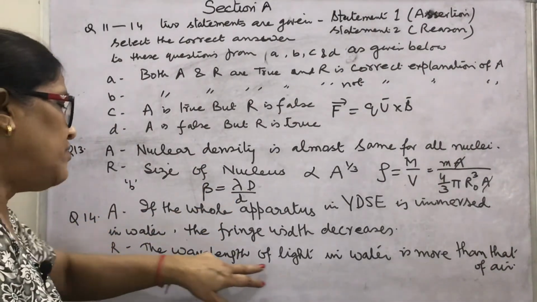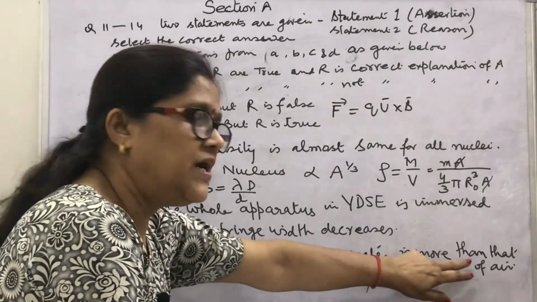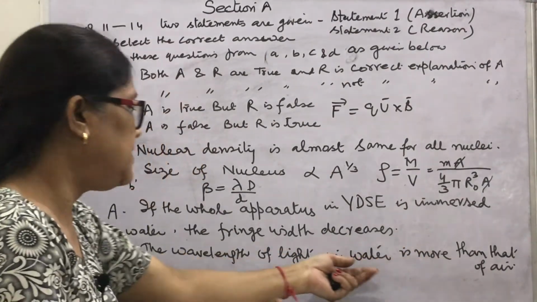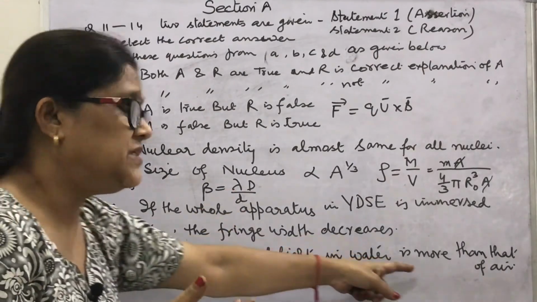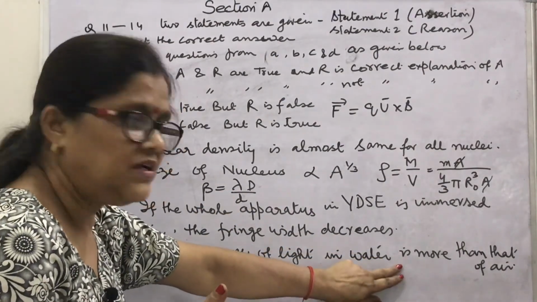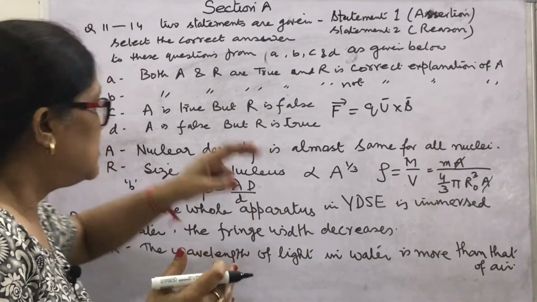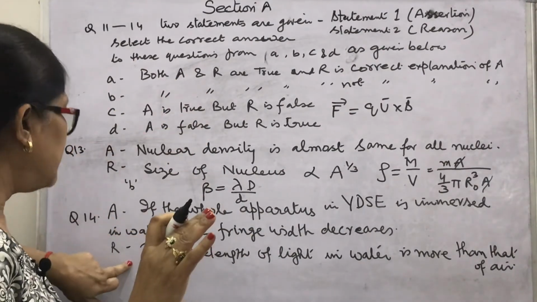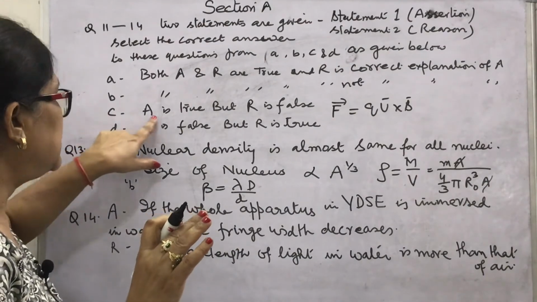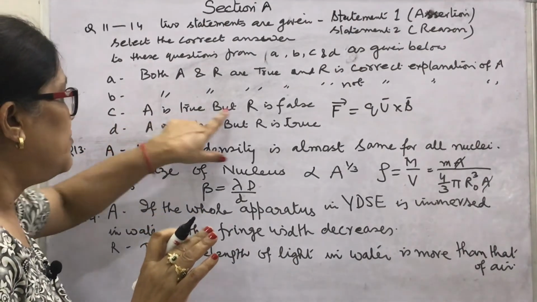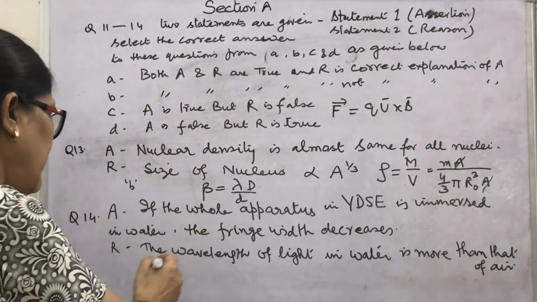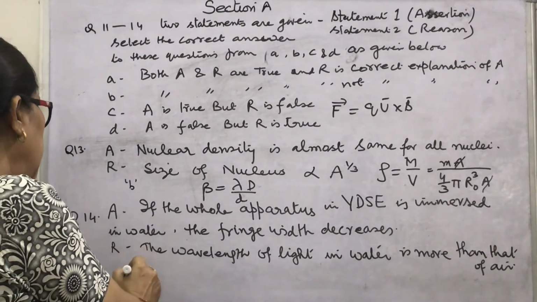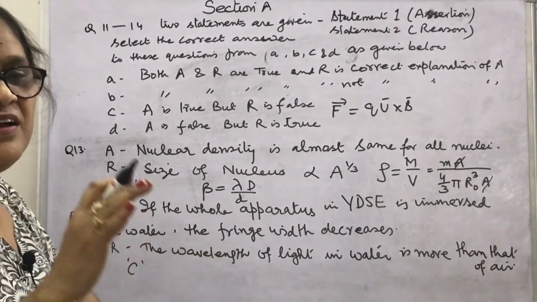The wavelength of light in water is more than that of air. Just now we have seen wavelength decreases, it is written here more, so this is wrong. Select the proper option. A is true, R is false. So look here, this is C. A is true, but R is false. So what is the answer here? C.